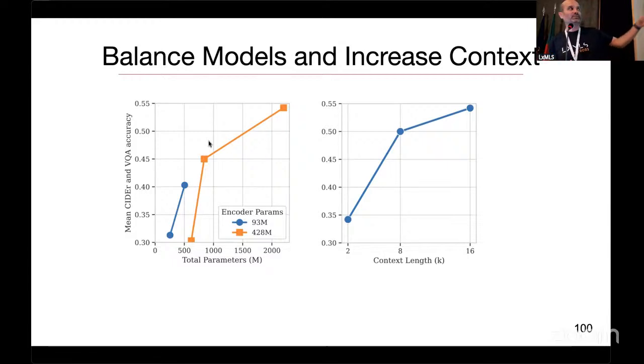If you pair it with the same size of language model as the one that was successful for the small vision encoder, you get a nice boost in performance. But if you give it even more language model capacity, it keeps expanding in its capacity to work well. And I think this is a nice finding, and it's quite instructive for the type of work that you might want to do yourself.